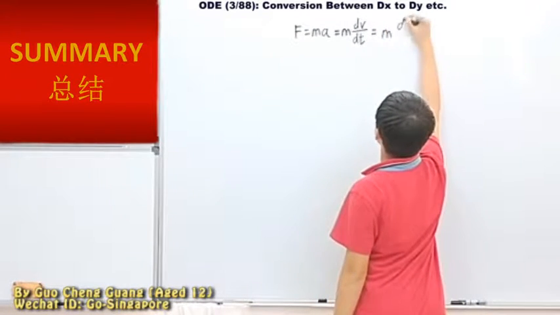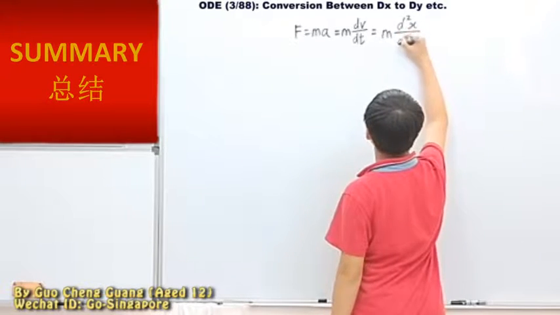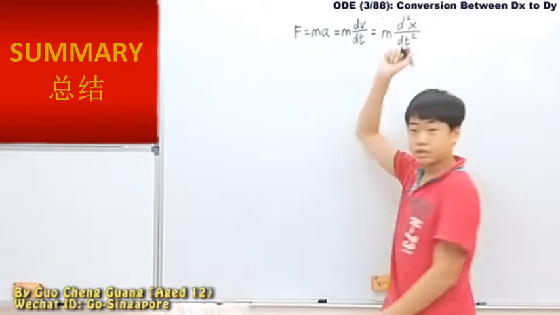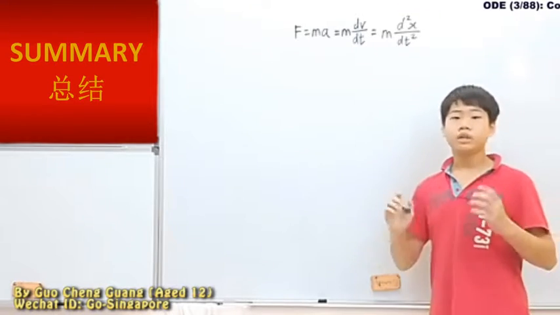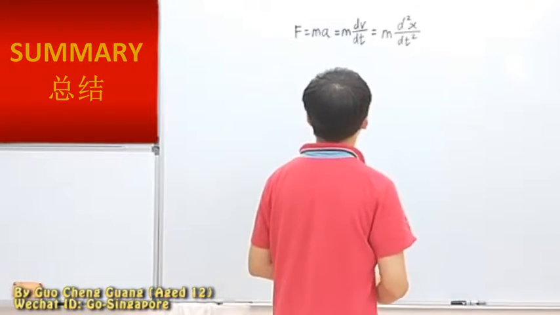Next we can write this as d squared x over dt squared. So x here is just the distance.